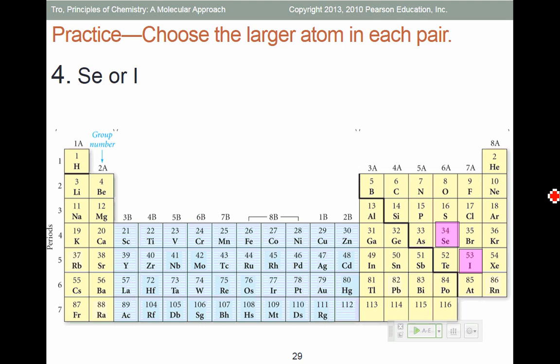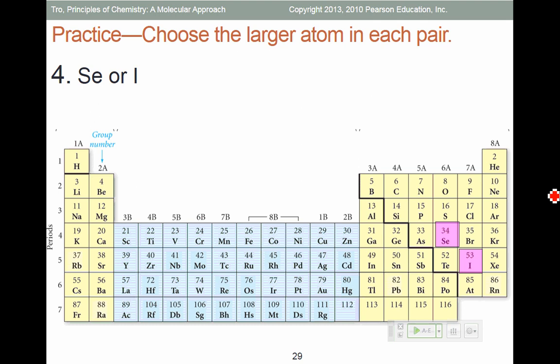If we look at these two, though, typically iodine is going to be larger in general because it has a higher principal energy level. But those are two opposing forces, so we might have to actually look at the numbers. In this case, that one's a little ambiguous and we need a little more information, especially if we are comparing something like aluminum and fluorine. Aluminum does have a larger principal energy level, but fluorine is, well, that one's not a good example.